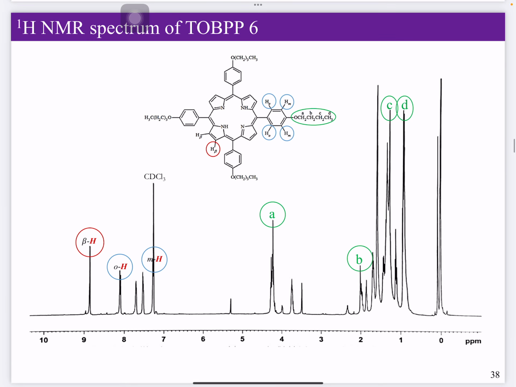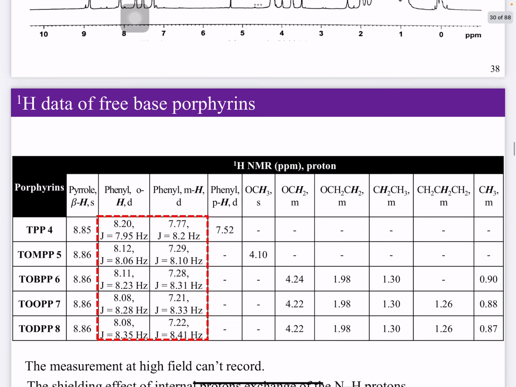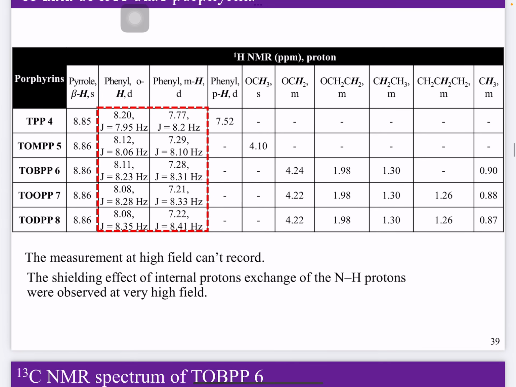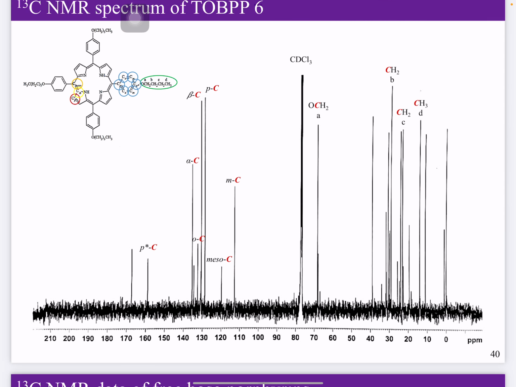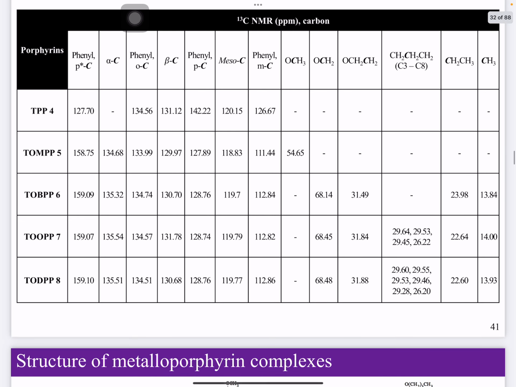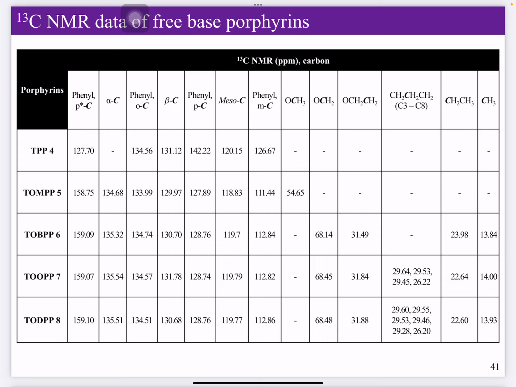The NMR spectroscopy also confirmed the expected compound. The NMR spectroscopy showed the phenyl protons in the range that we expect, and the structure is also confirmed by carbon NMR as well. So that means all of the carbon NMR confirmed the free base porphyrin as we expect.